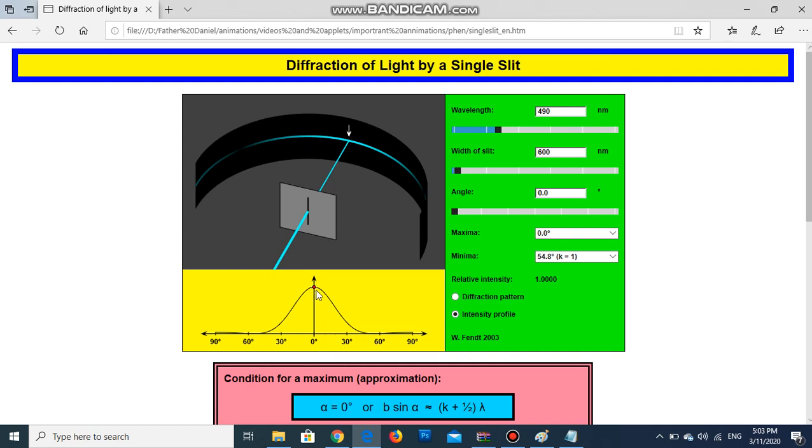And as we go away, the intensity decreases. In the first bright fringe, we get most of the light, and in the other fringes, as we see here, light becomes dimmer and dimmer, which means less intensity in the other fringes.